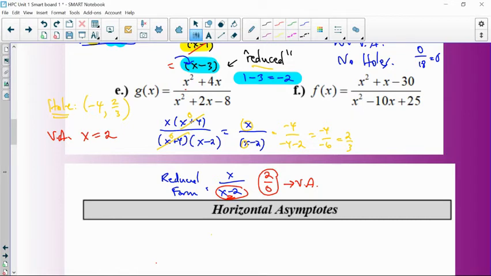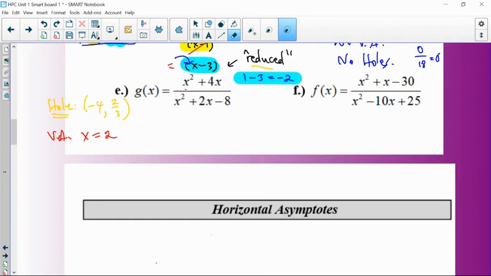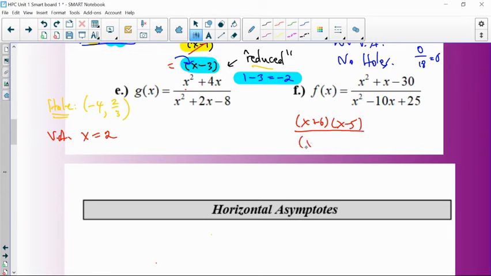Okay, then we have one more example, and this last example here, it looks like there's lots of factoring happening. So what I might do is actually erase this for this next example. So I have a little bit more space. Hopefully you proportion space more appropriately. So this looks like it factors into x plus 6, x minus 5 in the numerator, and it looks like it's x minus 5 times x minus 5 again.